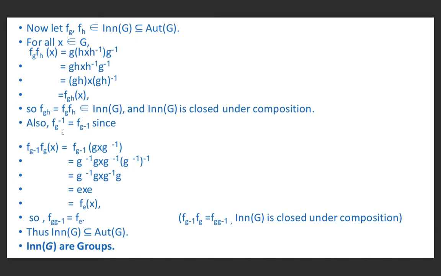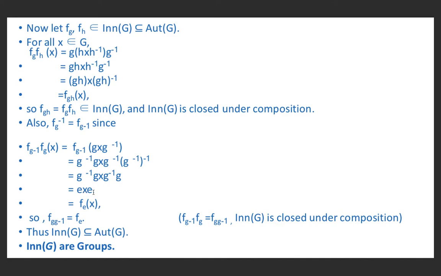Also, the inverse of Fg is F of g inverse. Fg inverse of Fg x, where Fg is g x g inverse, is g inverse g x g inverse times the inverse of g inverse. Whatever element we write here, we write the inverse of that element there. The inverse of g inverse is g, and g inverse g is nothing but the identity element.